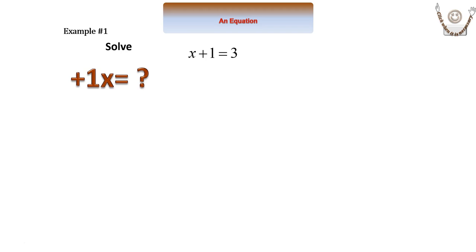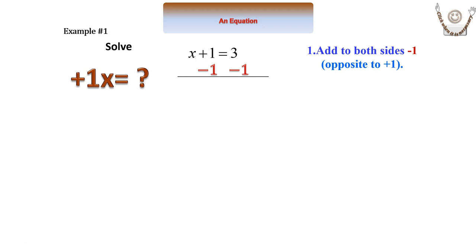If we add to both sides negative 1, which is opposite to positive 1, then we will have exactly what we are looking for, because positive 1 and negative 1 on the left give you 0, and then positive 3 and negative 1 would be just 2. What we have to remember: whatever you do in order to solve an equation, you have to do this to both sides in order to keep balance.